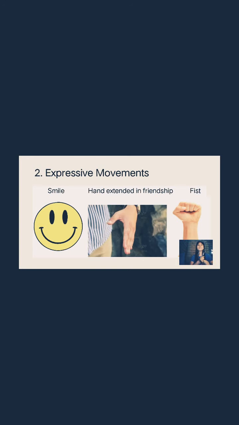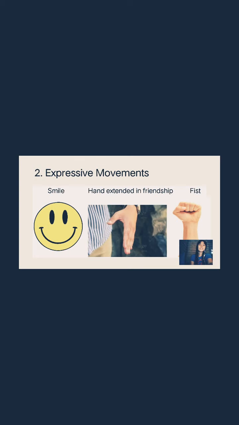It is another way of organizing and conveying narrative in a visual image. For example, these expressive movements include a smile, a hand extended in friendship, and also the fist raised in anger.